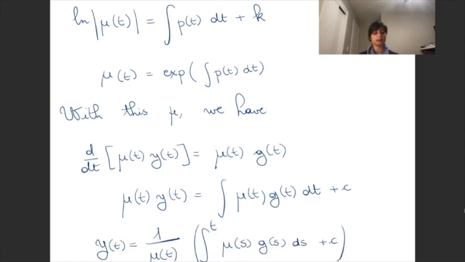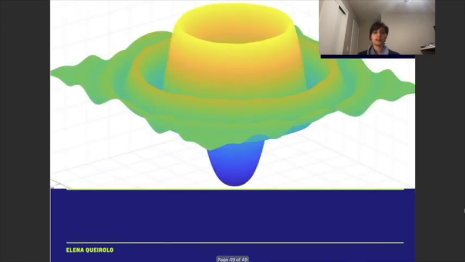So we can write y(t) being 1 over mu(t), being the thing we just computed before, times this big parenthesis with the integral from 0 to t of mu(s) g(s) ds plus c.